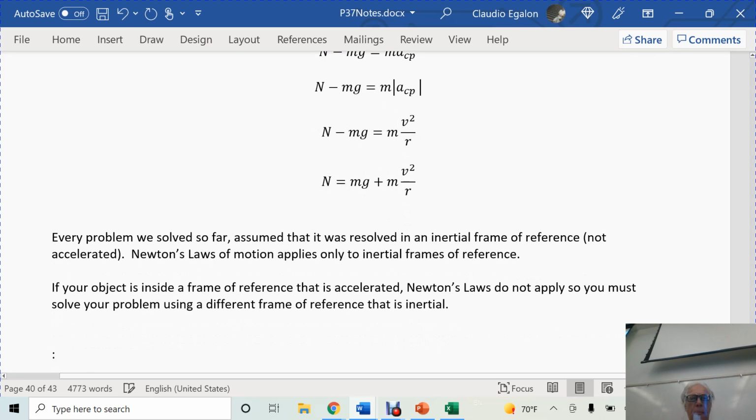However, even though Newton's laws do not apply for non-inertial frames of reference, we still can use them provided you adjust the laws of Newton.